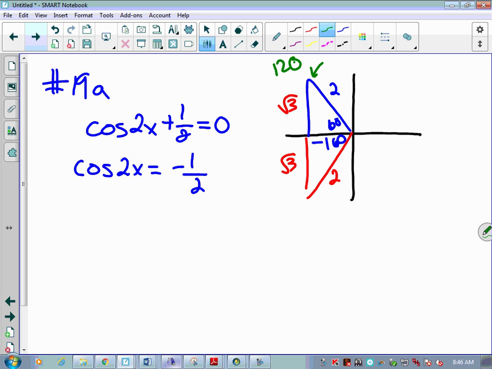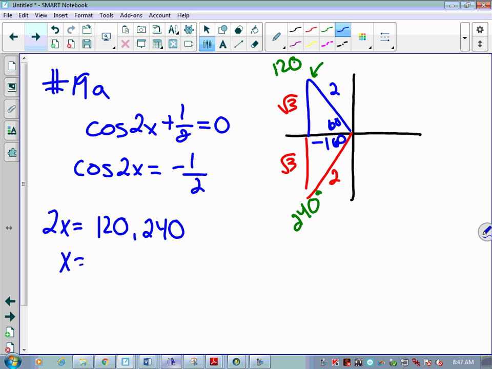And then we want to go 60 degrees past 180. So that would be 240 degrees, right? Okay. So with that, because we've already done the cosine, what we're saying is 2x so far equals 120 and 240 degrees.